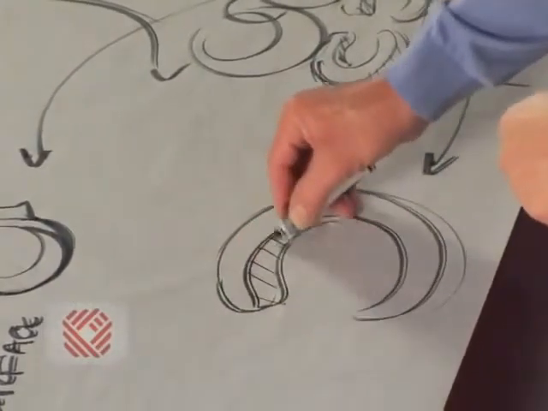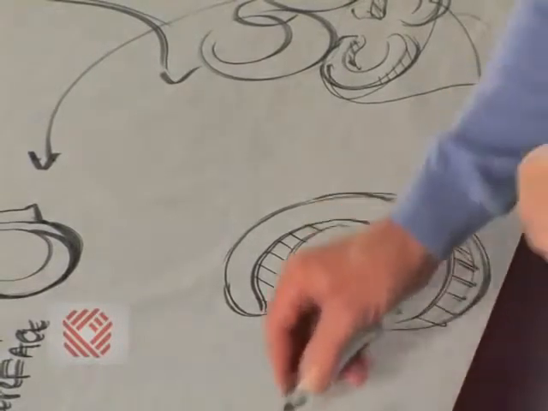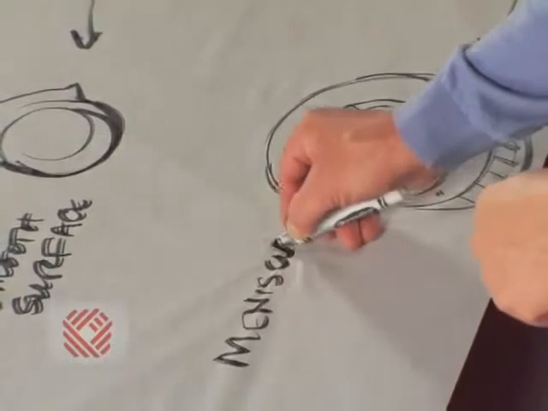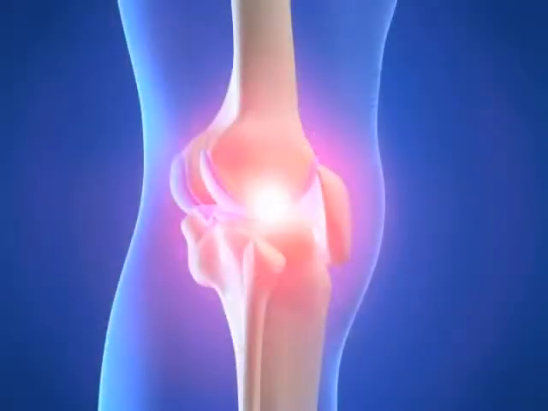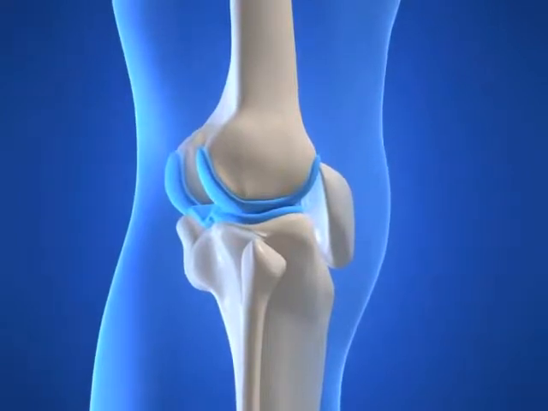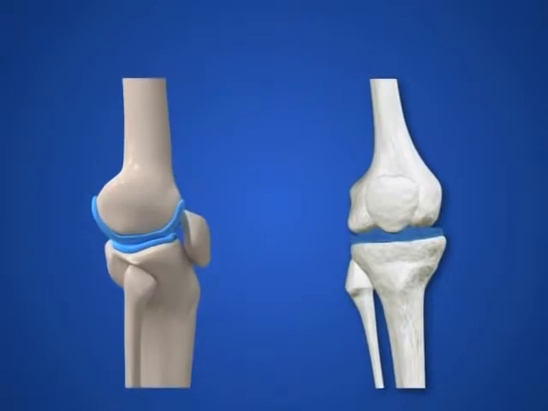I'm drawing this shock absorber in 3 dimension. Shock absorber called the meniscus. So this is the normal parts list.